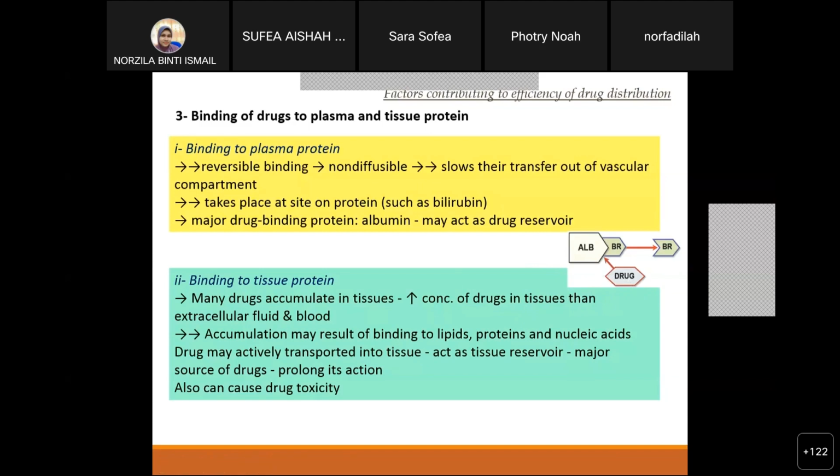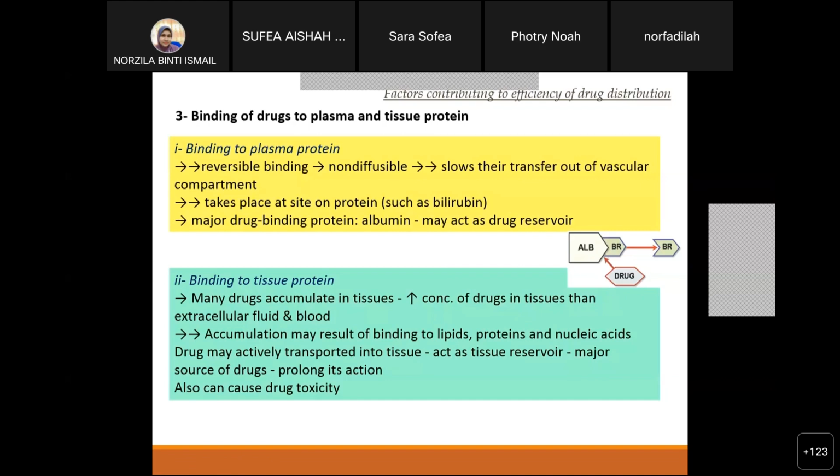The second binding is between drugs and tissue proteins. Just now it was plasma proteins, and we have to know that drugs can also bind to tissue proteins. When they bind to tissue proteins, these drugs can also be a drug reservoir in the tissues, and it can also prolong the activity of the drugs.